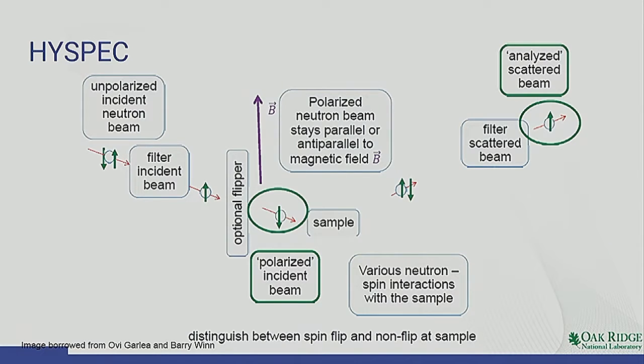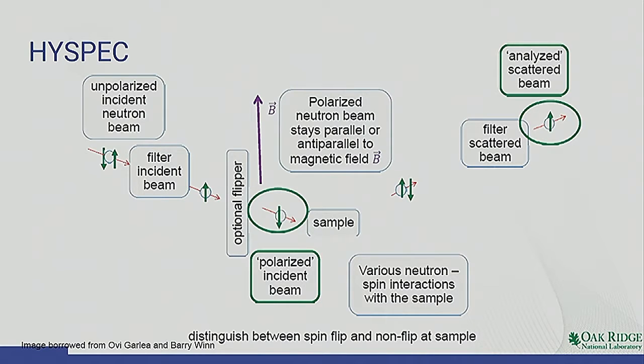Around the sample, there are various magnetic coils, which we could use to control the polarization of the incoming neutron beam. The neutrons scatter off the sample, and they go into an analyzer, which is a supermirror. And the supermirror only reflects spin up.